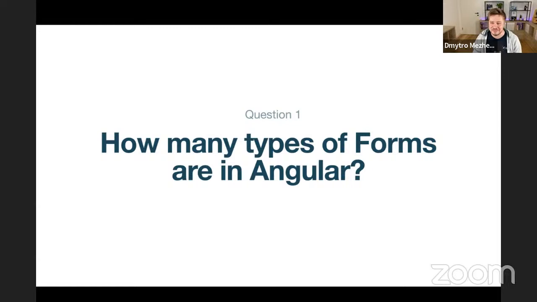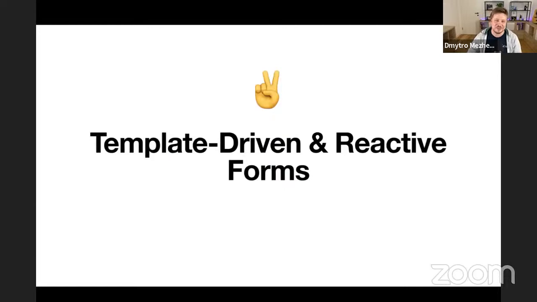Unfortunately, I don't see them. So Elias, you can help me if some feedback has arrived, but we will not wait too much. The question is really very simple, so I give you the answer immediately. We have two types of forms in Angular. Those are template-driven and reactive forms.